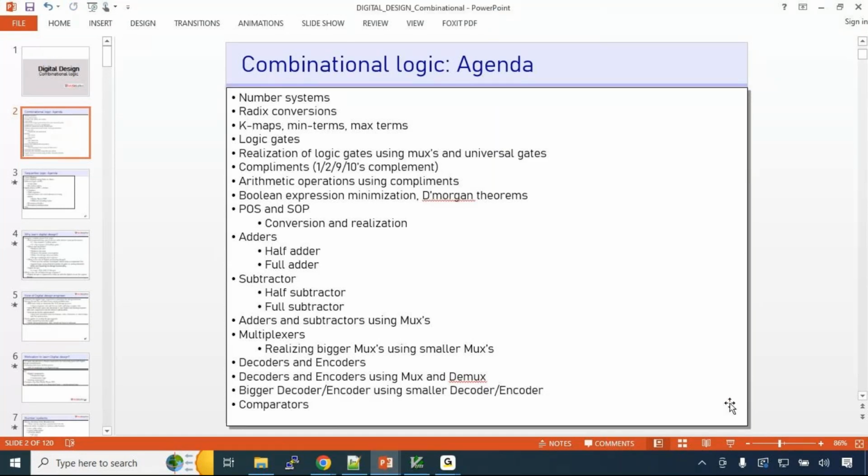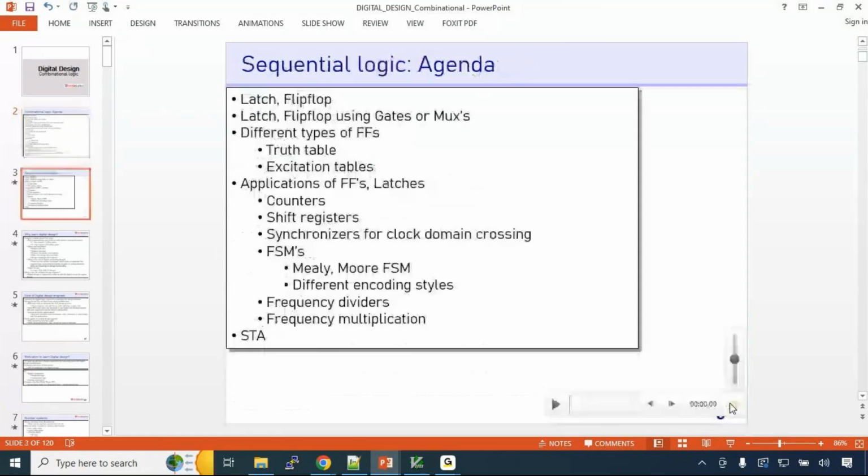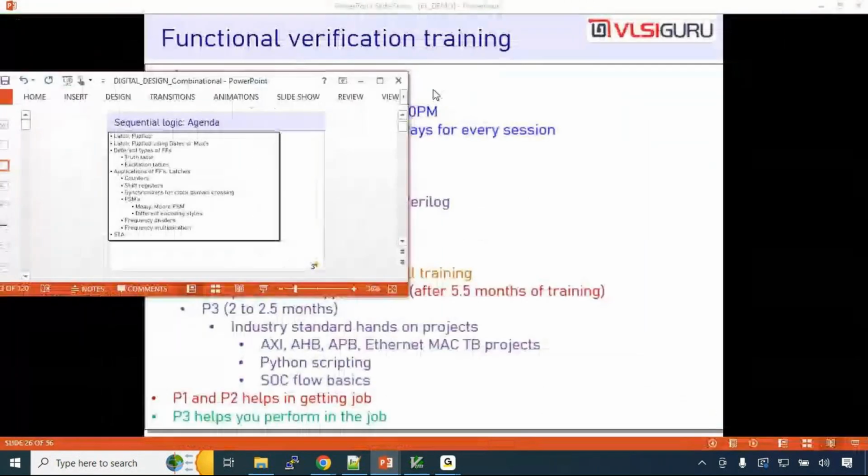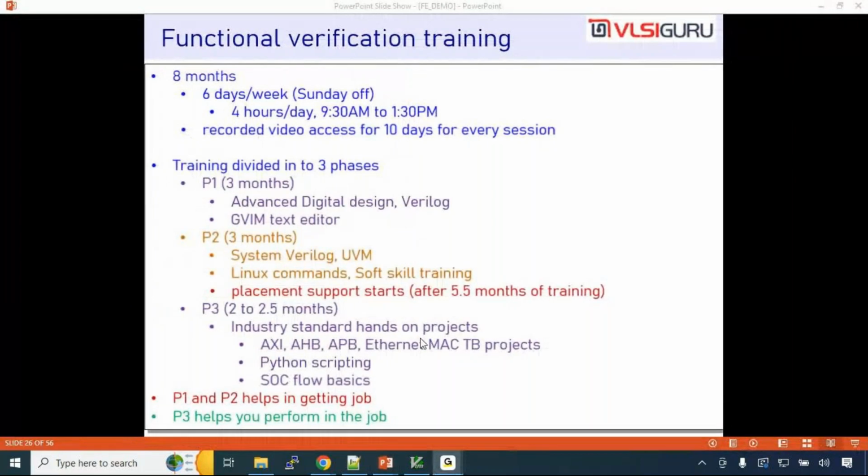Clear to you? Only challenge, I will tell that also. The only challenge you will face is things move quickly. Means digital design in your BTech spreads over one semester, which is around 4.5 months or 5 months.